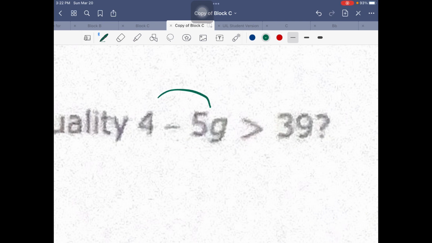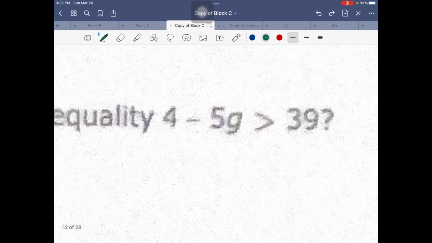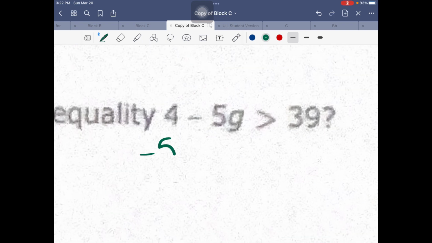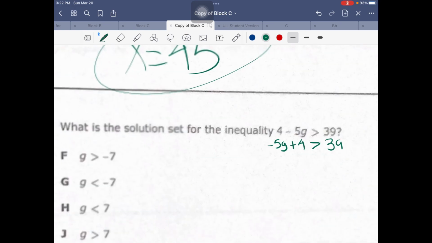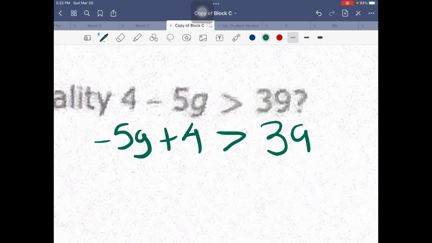So we can flip these, that way there's no confusion as to what to do. Or we can work with it right here. It doesn't matter. Negative 5g, and because this is positive, plus 4 is greater than 39. This is the exact same thing, guys. I just flipped it. I just turned it around.